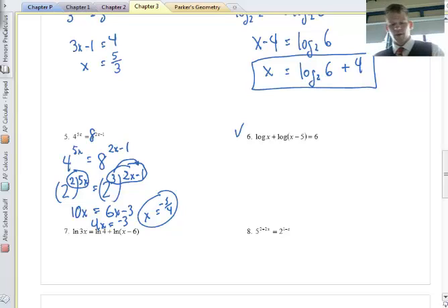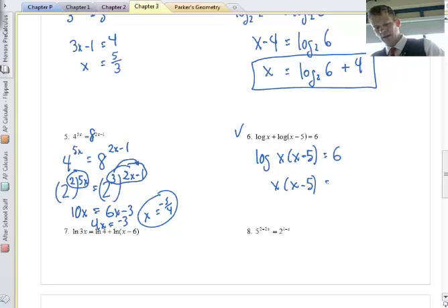This one over here is totally solvable without a calculator. It just turns real ugly. So you got log of x times x minus 5. You compress the logarithms equals 6. Now you say x times x minus 5 equals 10 to the 6 because you're raising both sides to the base 10 exponential. So now this is x squared minus 5x equals 1 million.